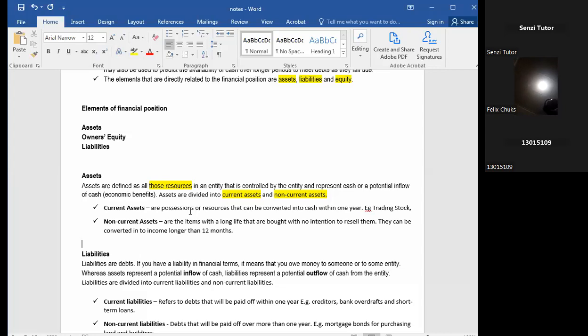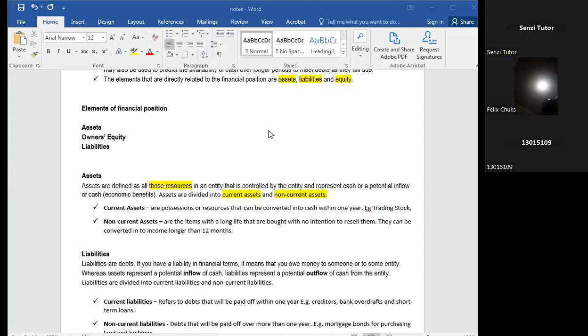For example, we have vehicles that are used to transport goods and services to our customers, used inside of the business. That particular vehicle does not belong to the owner, but to the business. That's why we say they are resources controlled by the business or the entity.